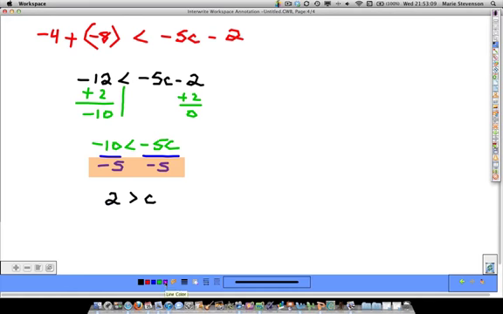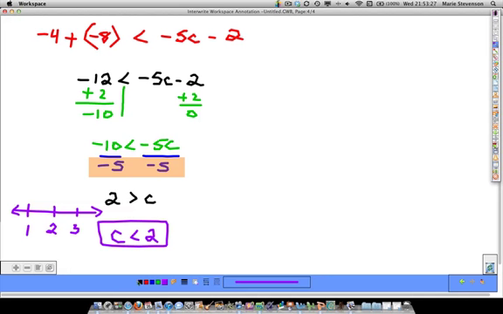But remember, we want our variable first. So I need to switch these, and switching them flips my inequality again. So I end up back with my original inequality. And then of course we have our graph. And in this case it's less than, so it's an open circle to the left.